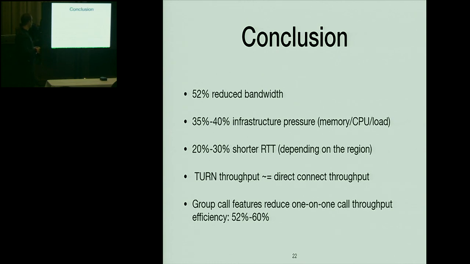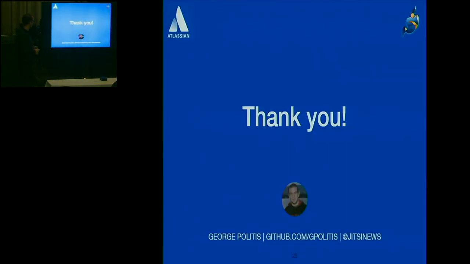We improved the RTT by 20 to 30%, depending on the region. The throughput has remained more or less the same. The group calling features reduce one-on-one call throughput efficiency by a lot, so the efficiency is pretty low if you have conferencing features. So that's my presentation.